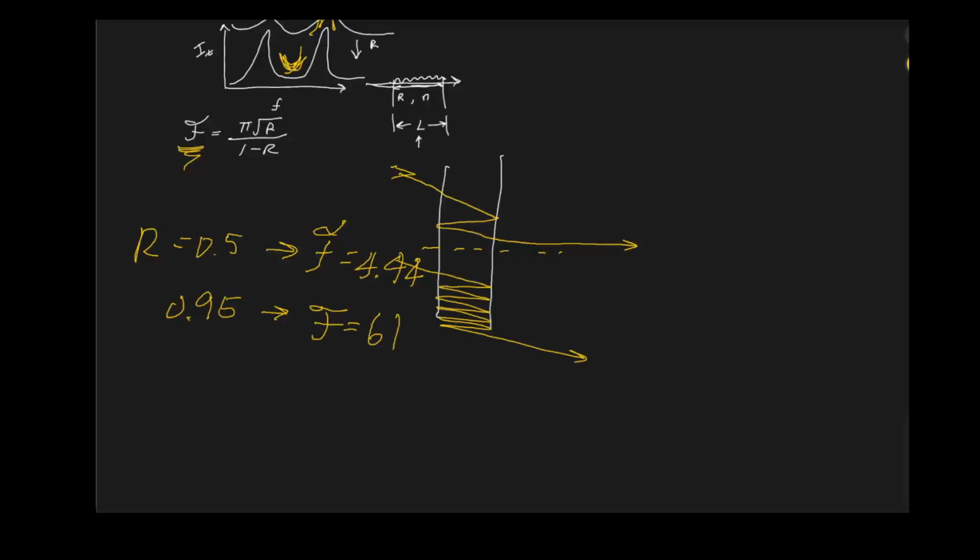And a lot of mirrors, for example, if you go to Thorlabs and try to find a mirror to buy, it's pretty common to get something greater than 90. Not so easy to find something at greater than 98 that are very application specific. But just to give you an example, 99% reflectivity gives you a finesse of a little over 300.